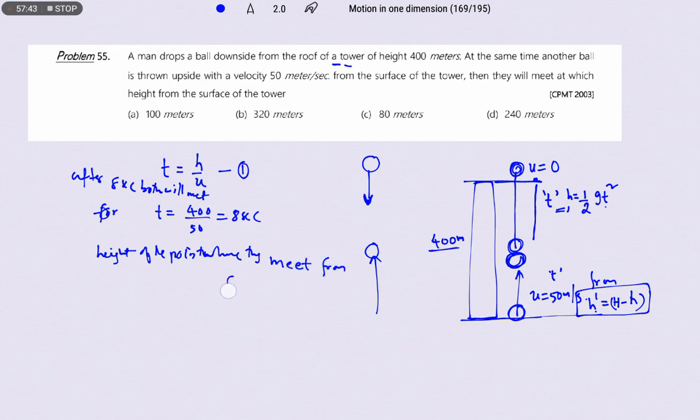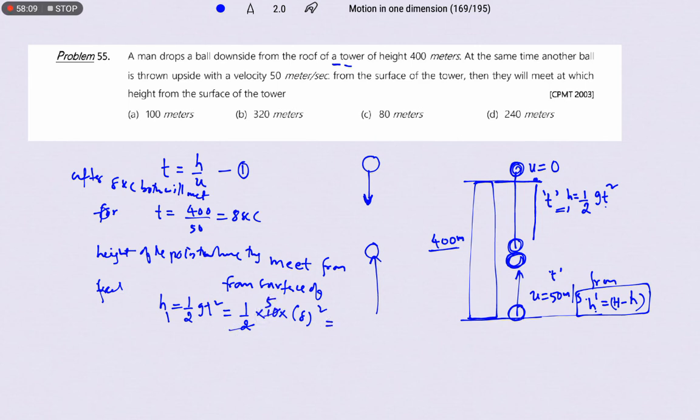From the surface of the tower, I am taking the freely falling body. So h1 is equal to half g t square. So half into g value, I am taking 10, into t value 8 square.